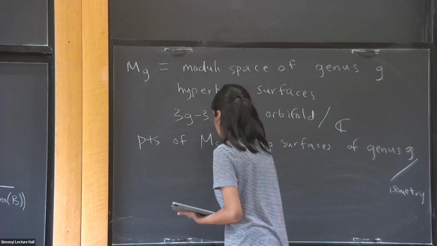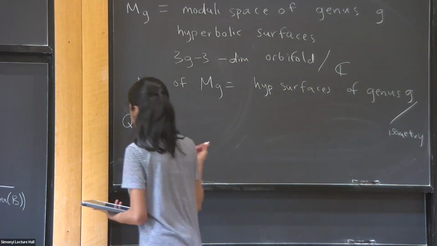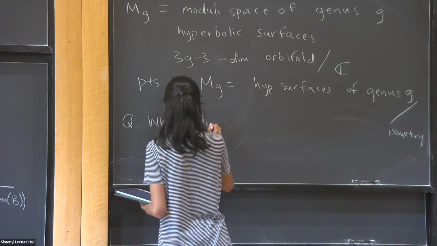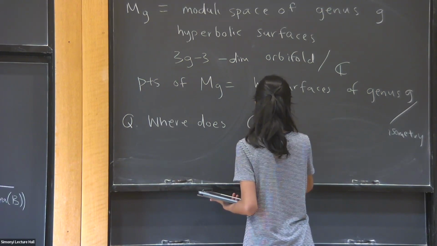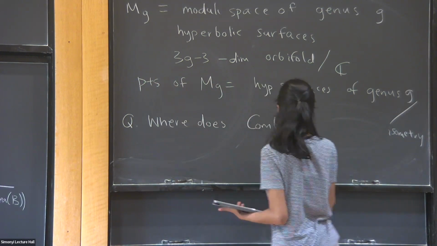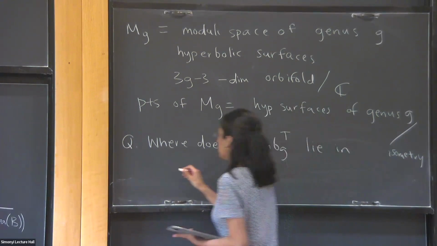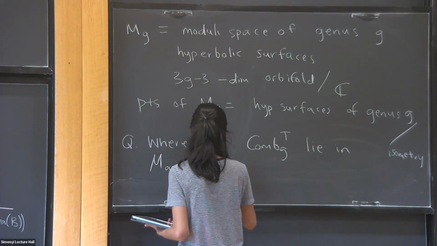Okay, and now we have the question, which is where does our discrete set of triangulated surfaces lie in M_g quantitatively?